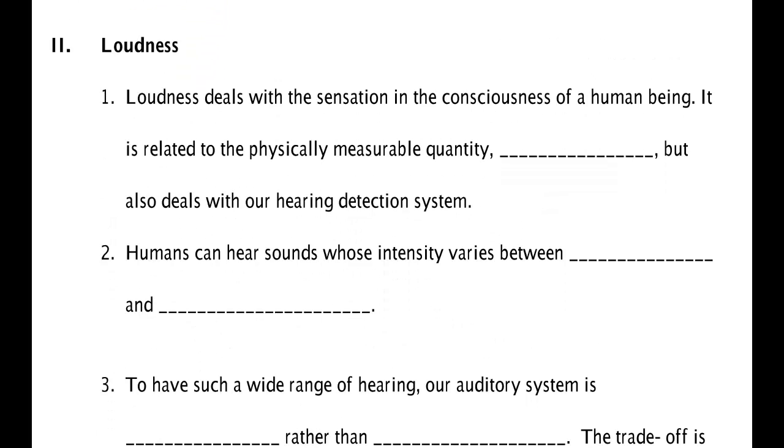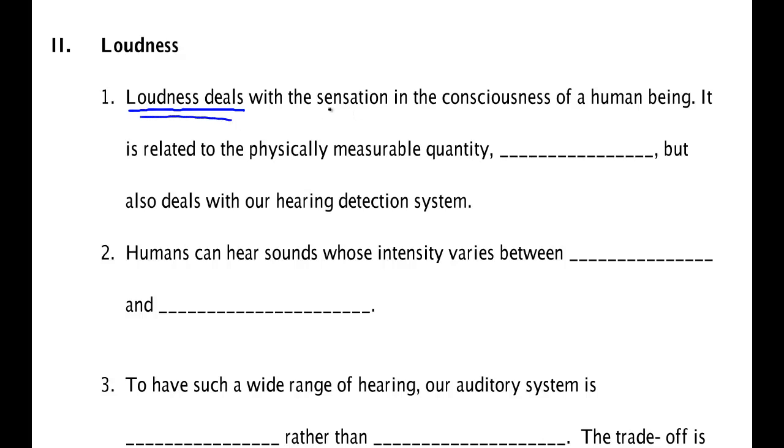Loudness. Now, loudness is related to the human's ability to hear sound. We say sound is loud or sound is soft. But that's not just related purely to a physical quantity, but also to our perception of sound, which is due to our eardrums, which create signals that our brain then interprets. So loudness is a human quality, if you would.